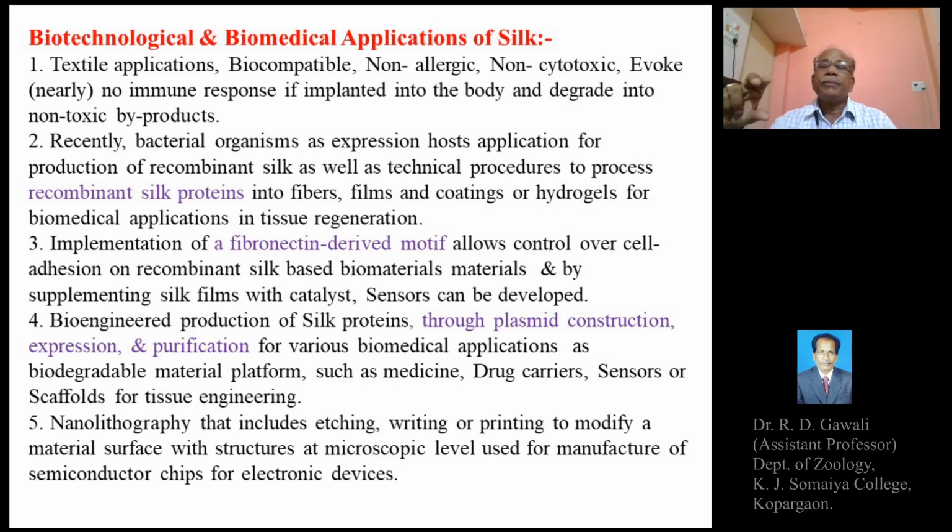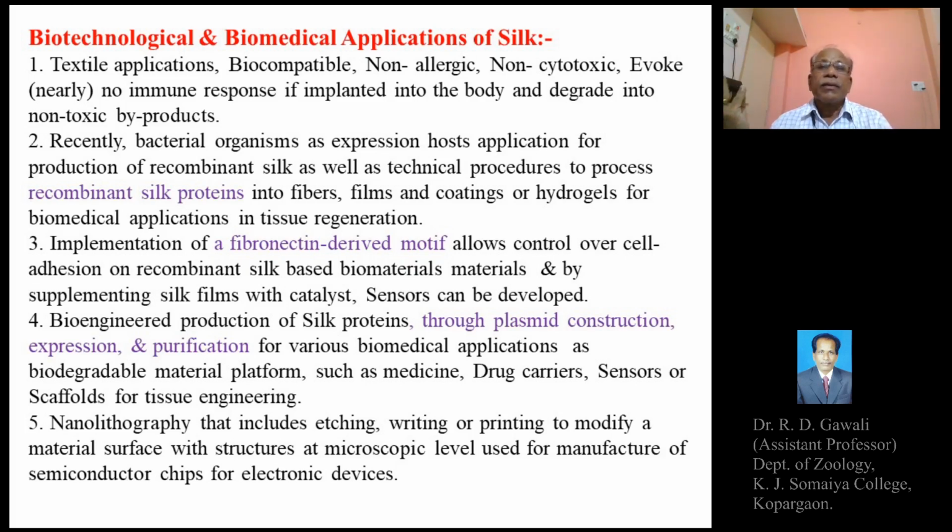So these are the biomedical applications, that is the production of recombinant silk proteins, fibers, films, coatings and hydrogels, which are used for biomedical applications in tissue regeneration or for the treatment of various diseases.